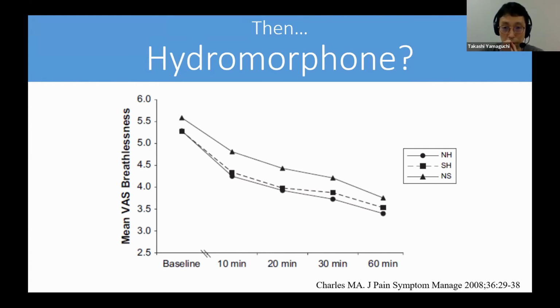So 10 minutes after administration, dyspnea intensity in all 3 groups significantly decreased from the baseline, as you can see in this slide. But there is no significant between group difference. So there is no superiority of hydromorphone compared to nebulized normal saline. So this is the only study about hydromorphone at this moment.